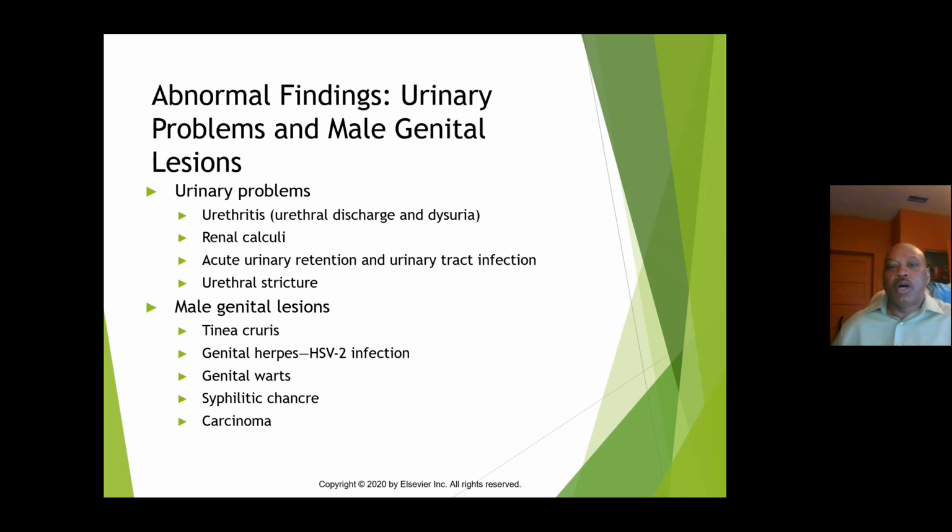Now, as far as renal calculi, you got these different stones that the patient may have. They can be calcium oxalate. They can be of the uric acid variety. And what happens is they form in the kidney tubules, and then they begin to move and become more urgent when they pass into the ureter.